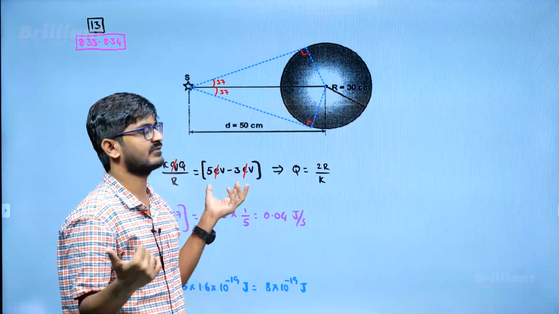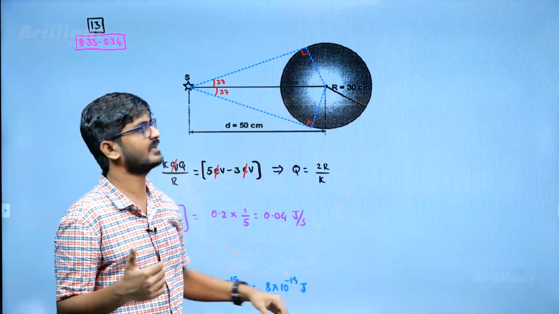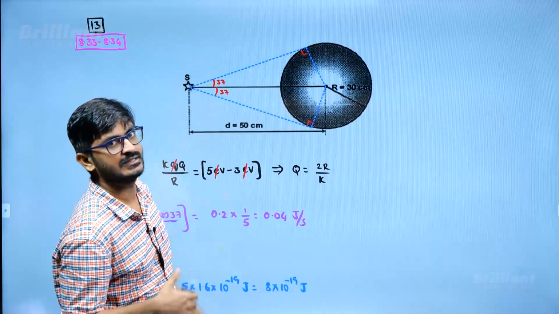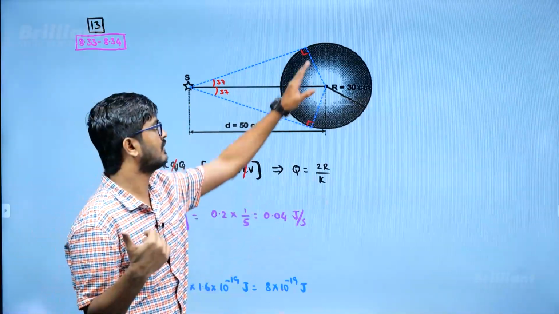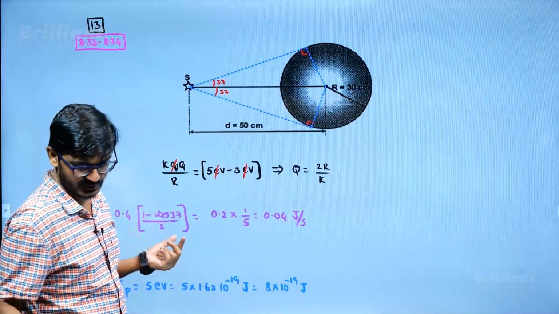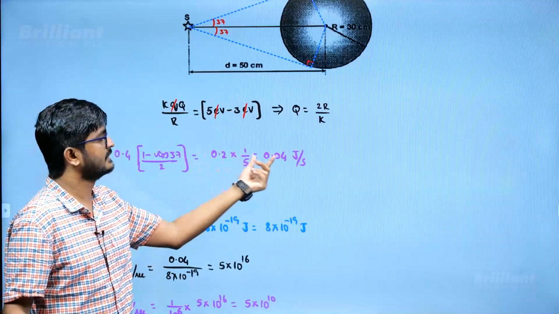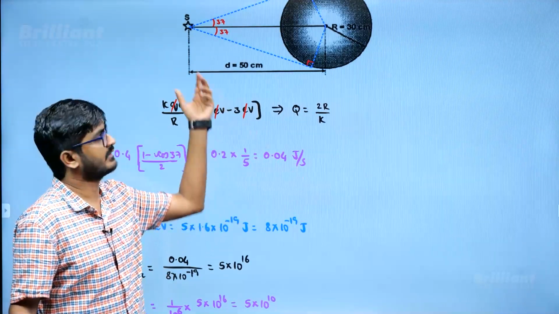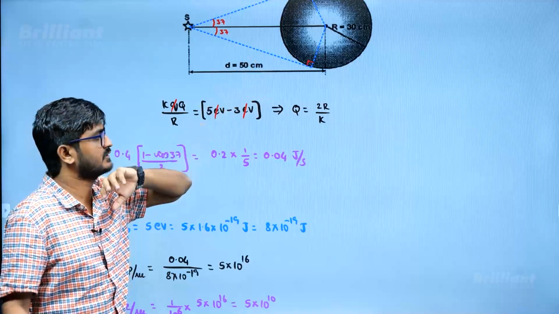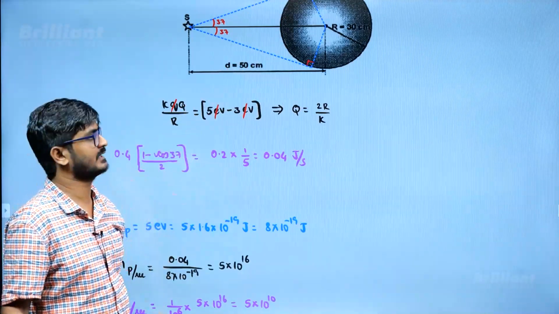That is, out of the total flux, 1 minus cos theta by 2 will fall on the disk. I will be going with the same example. If the power is P, 1 minus cos theta by 2 will fall on this region. So power is 0.4. Out of that, 1 minus cos theta by 2 will fall on that region. That is 0.04 watt will be falling on that region. That is 0.04 joules will be falling on that in 1 second.